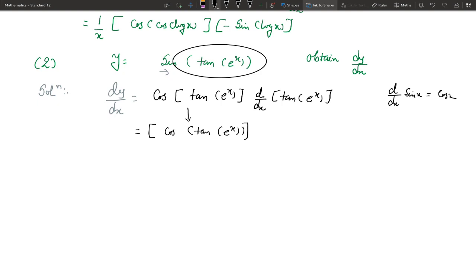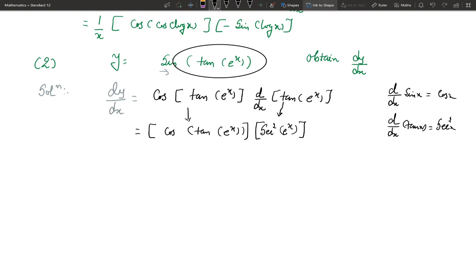Now d by dx of tan x, the derivative of tan x is sec square x. So this is sec square e raised to x.